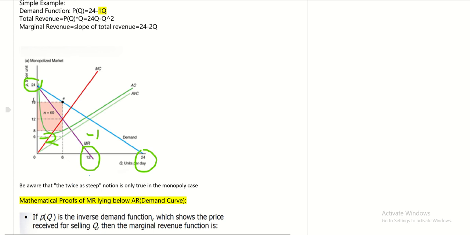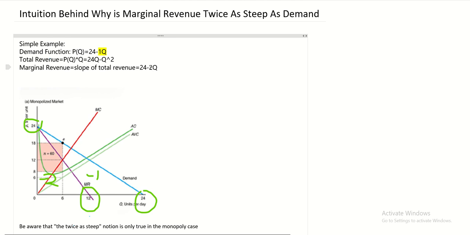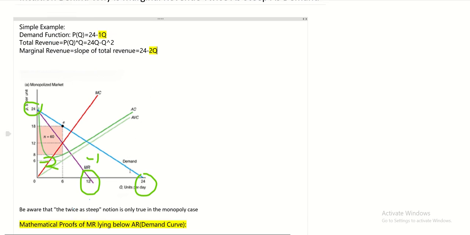So we can actually calculate the slope of these two functions, which is negative 2 in this purple line and negative 1 for this blue demand curve. So it's essentially illustrating the relationship that I outlined above, negative 1 and negative 2, which is exactly twice as steep.